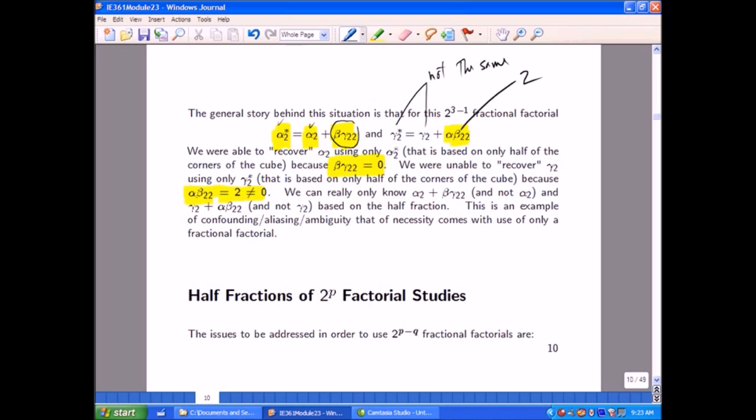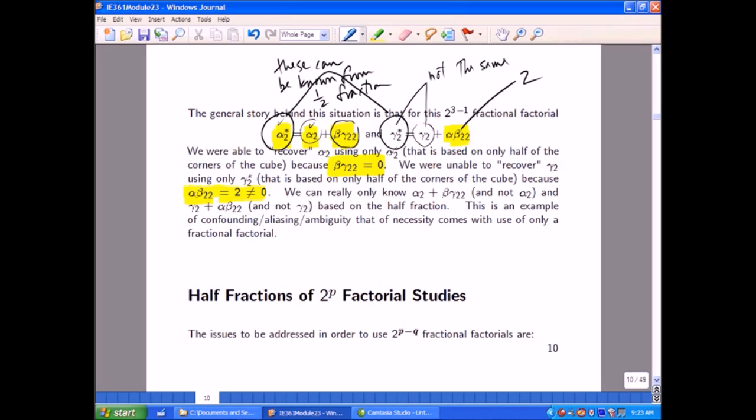The general story here is that these are the things that I can know. So these can be known from a half fraction. And the rest of these, I can't know this or this individually.